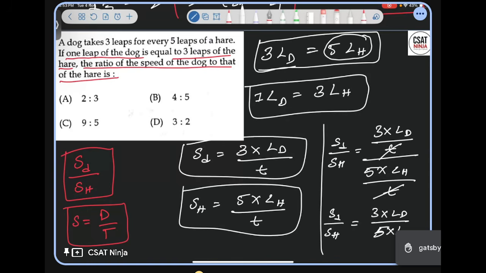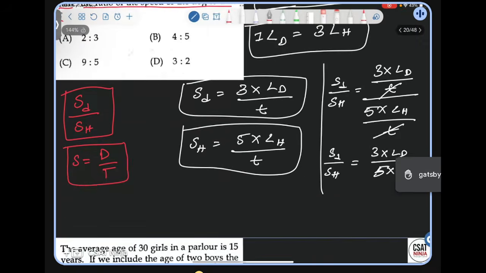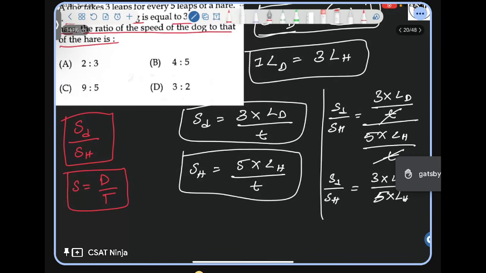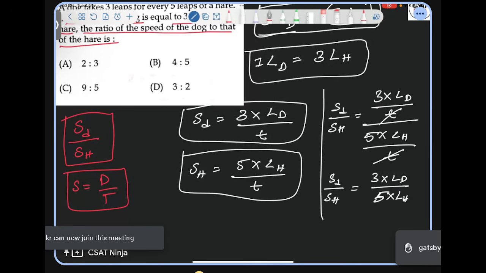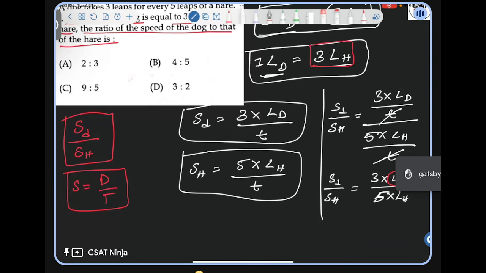Now, from this equation, I'll use the next equation given: the leap of a dog is 3 times the leap of the hare. So in place of the leap of a dog, I'm going to write 3 times the leap of the hare, because 1 leap of a dog is equal to 3 leaps of a hare.